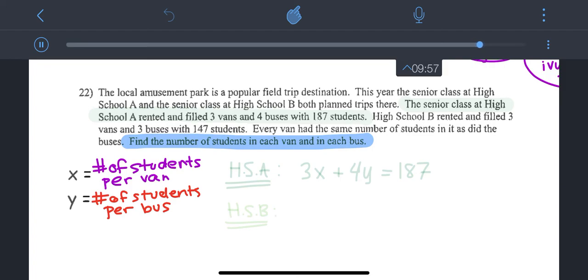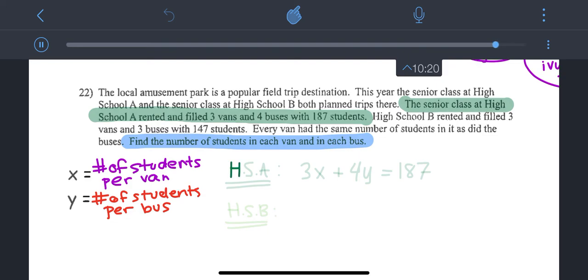Okay? So take a look at the sentence that involves high school A. It says the senior class at high school A rented and filled 3 vans and 4 buses with 187 students. So now we said that X represented the number of students per van. Well, this high school rented 3 vans. So that would be 3X.